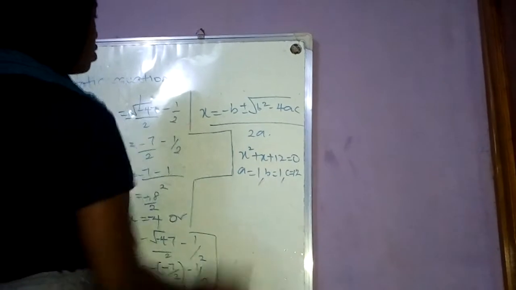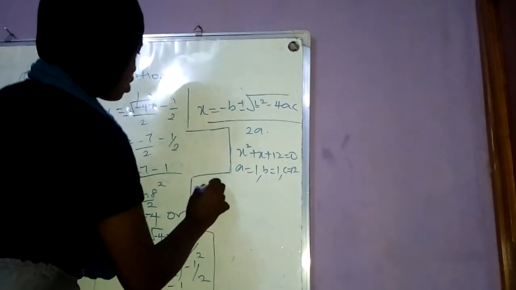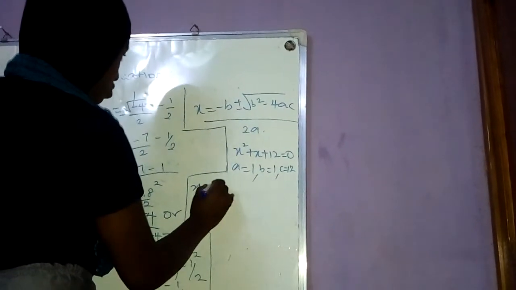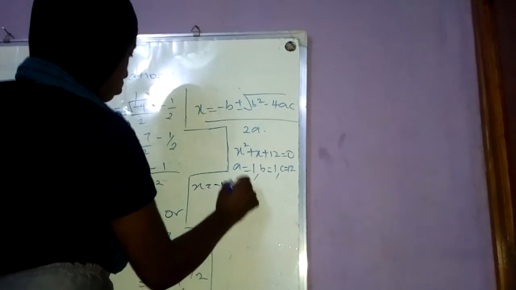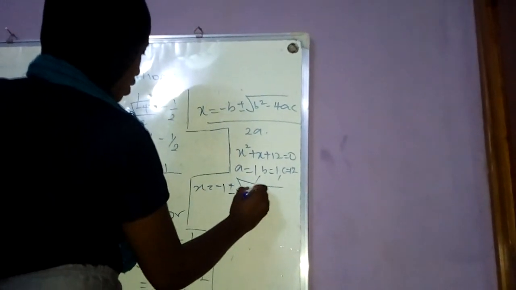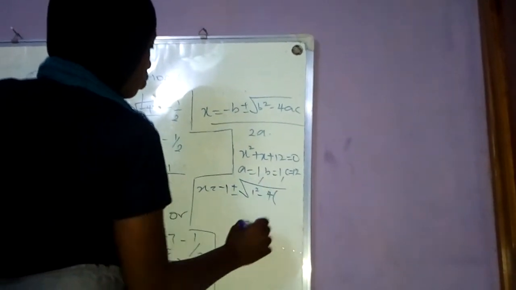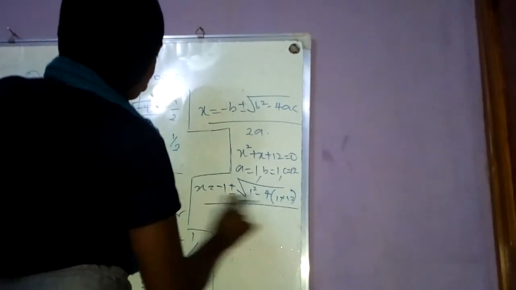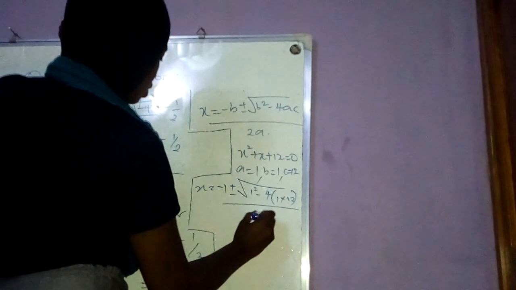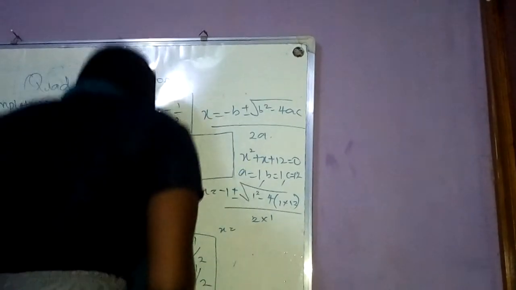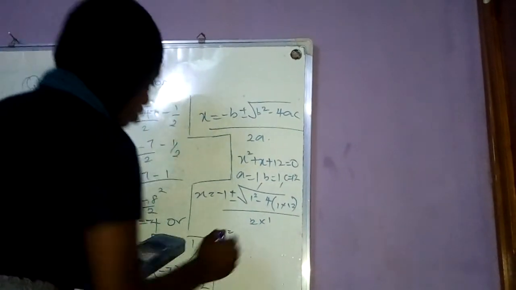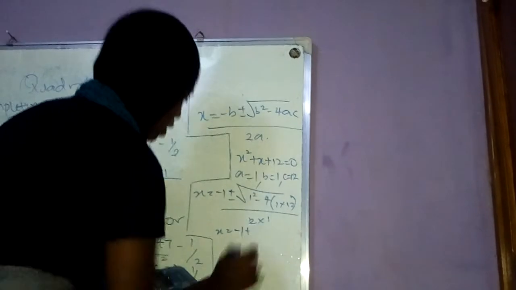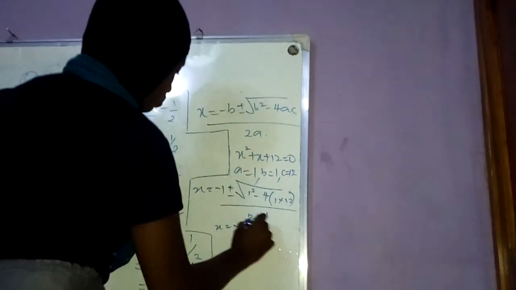Since we have gotten it, we now equate it. x is going to be equal to minus 1 plus or minus the square root of 1 squared minus 4 times 1 times 12, over 2 times 1.